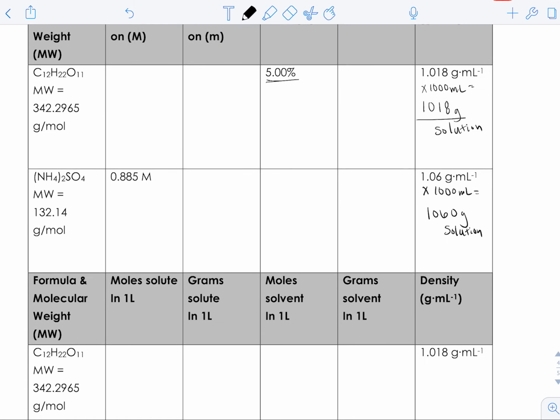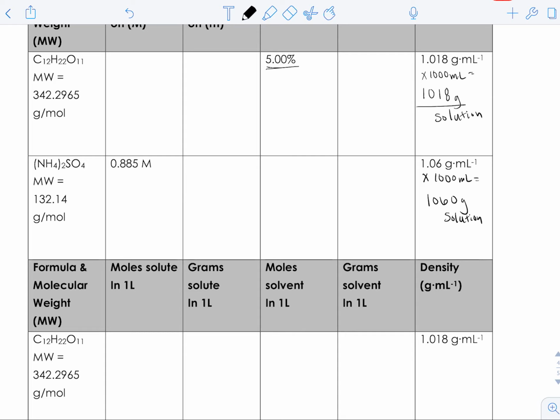So we can just take our mass of our solution, multiply it by 0.0500, our fractional percentage, and that will give us our mass of our solute.